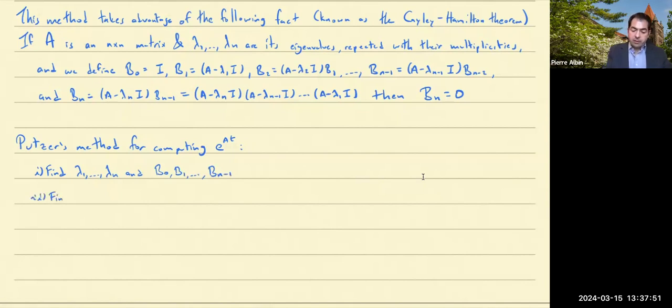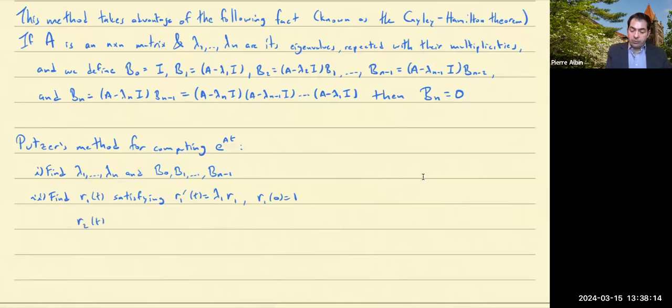Next, you have to solve a few ODEs, but very simple ODEs. So first you find R1, satisfying R1 prime of t is lambda 1 R1, with initial condition R1 of 0 is equal to 1.